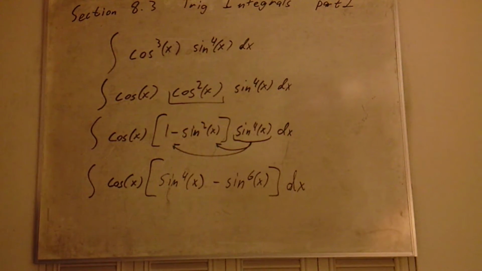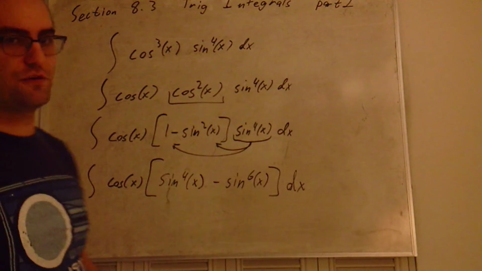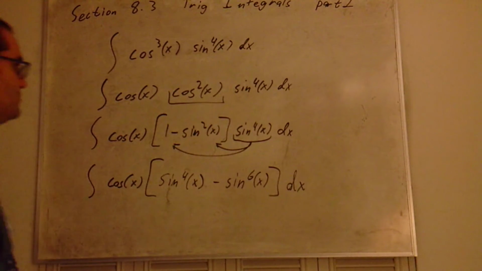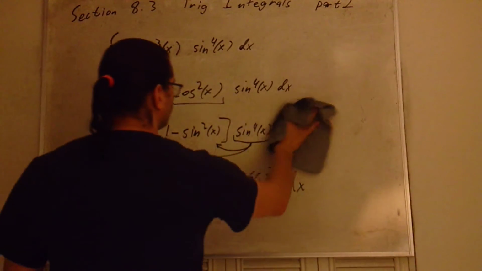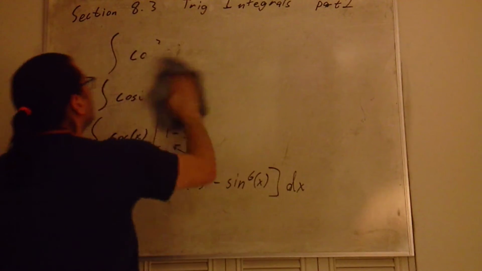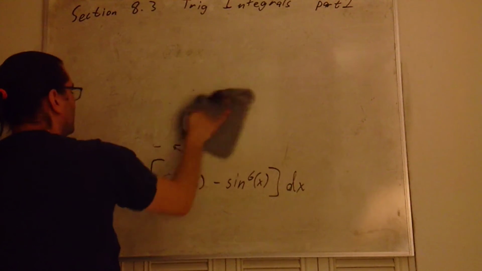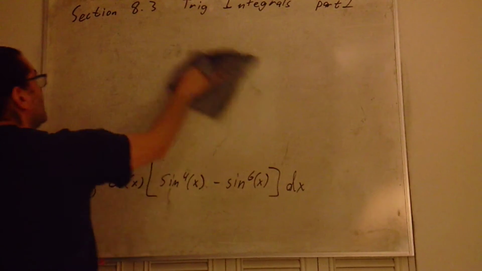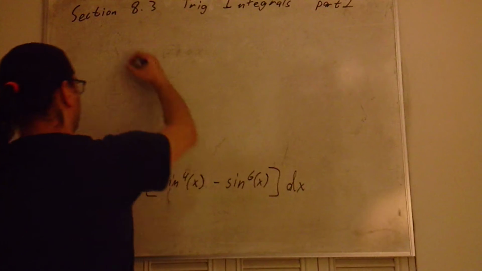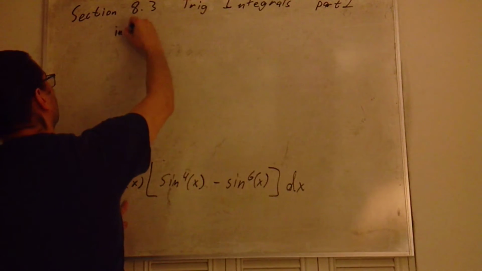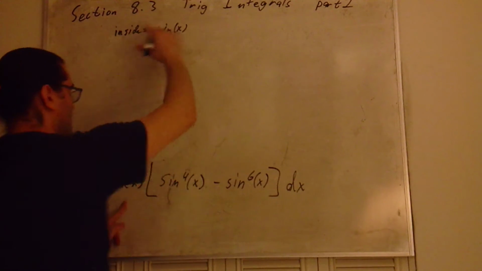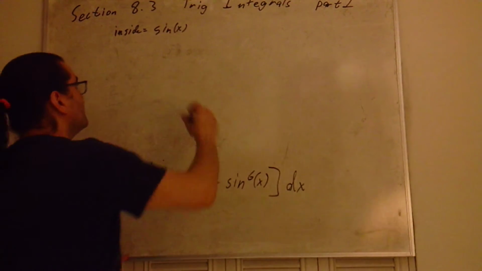From here, I can start doing the integration by substitution, but I'm going to need more room, so I'm going to erase this top stuff. So the inside is always going to be, for these problems, a trig function.